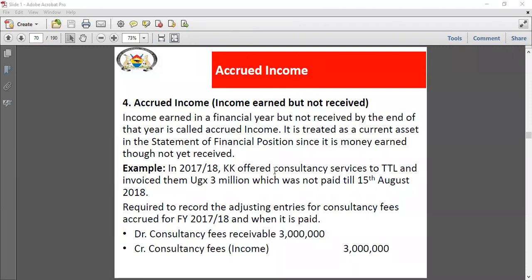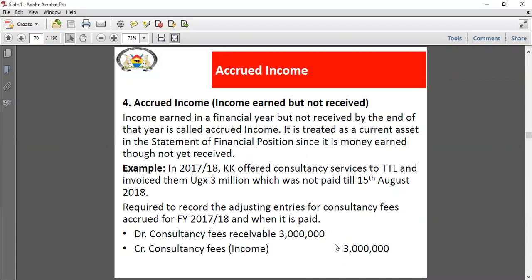So since they didn't pay by 30th June 2018, it means that was outstanding. So we shall go ahead to recognize that income by crediting our consultancy fees. Remember, when income is increasing, we credit it, from our ALICE model.